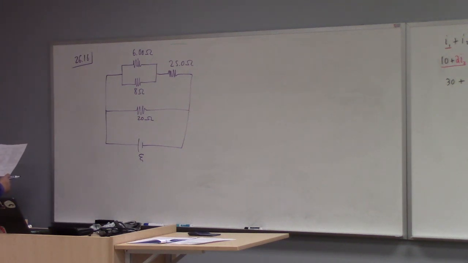Well, we're told that there's 4 amps flowing through the 6 ohm resistor, and then ask the question, what are the currents in the 25 ohm and the 20 ohm resistors then?